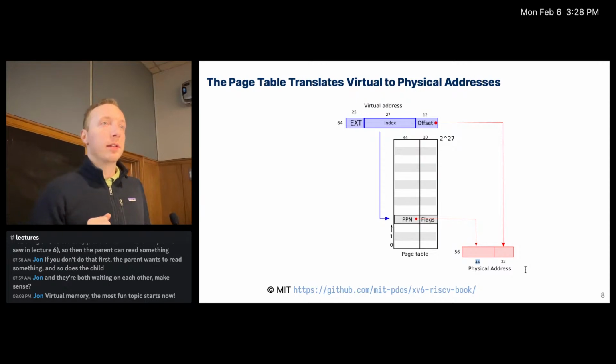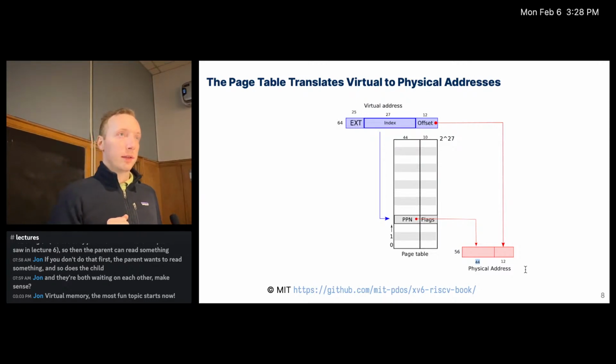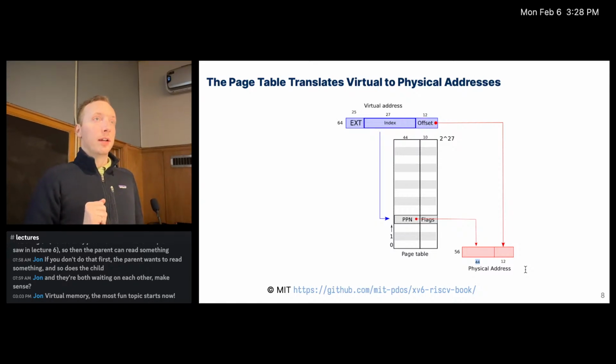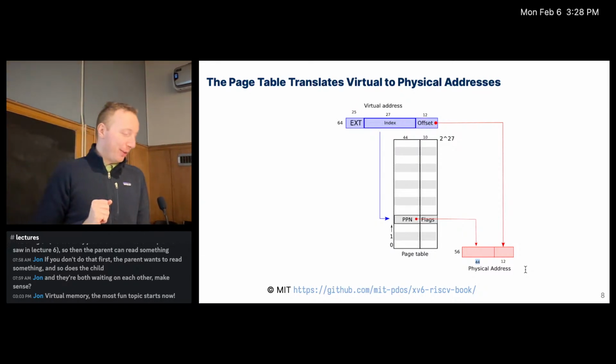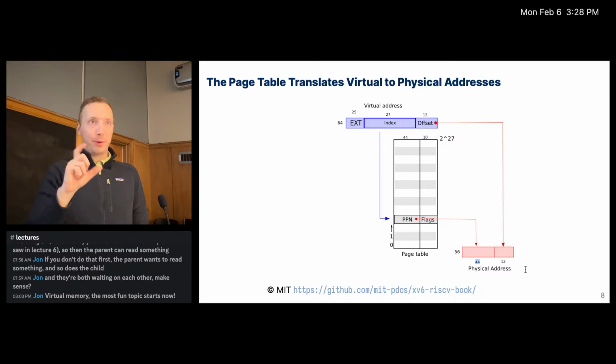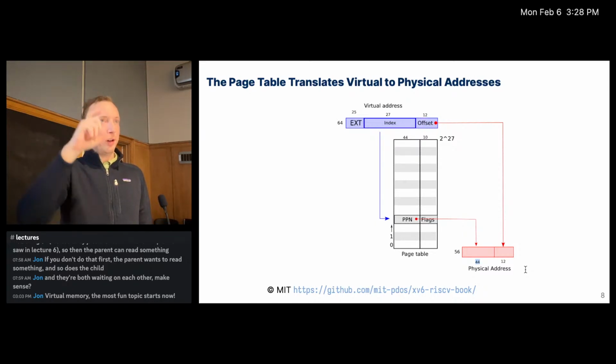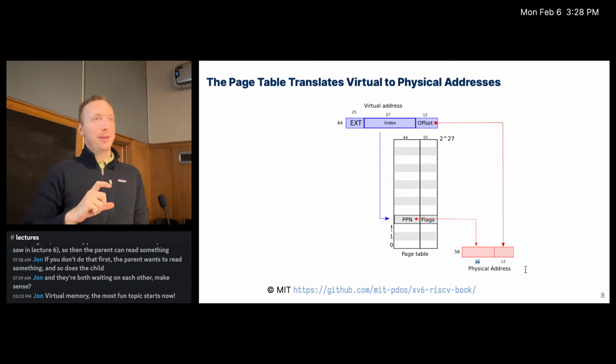Yep. Are the physical locations of the virtual memory that the program has access to usually contiguous, or are they usually kind of random? Yeah, so the question is, are all the pages contiguous?